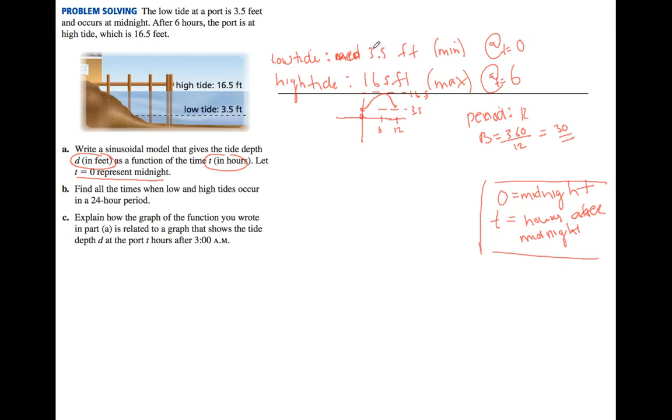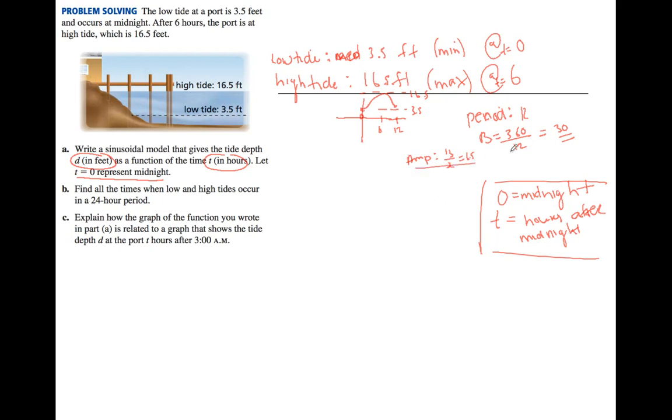Let's think. So 3.5 to 16.5. What is the gap between that? What am I adding? I'm adding 13. So my A value, my amplitude, is going to be 13 divided by 2, or 6.5.